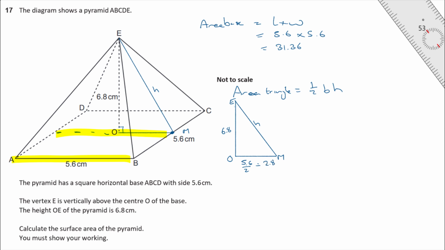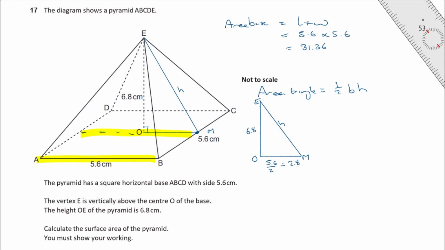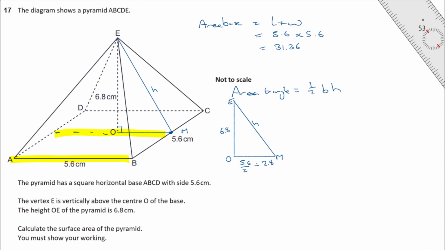So then I can use Pythagoras theorem, can't I, to find h? Because this is a right angled triangle of which I know two shorter sides and want the longest side. So h squared is going to be 6.8 squared plus 2.8 squared, isn't it? So then what's that?